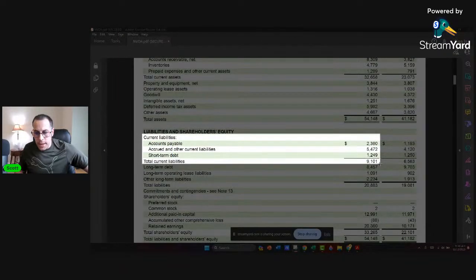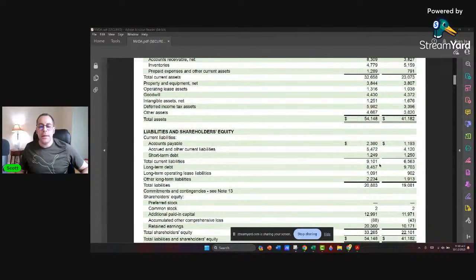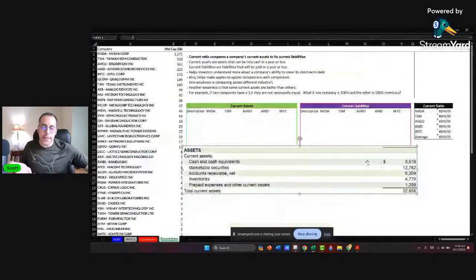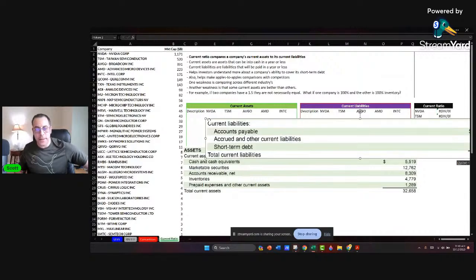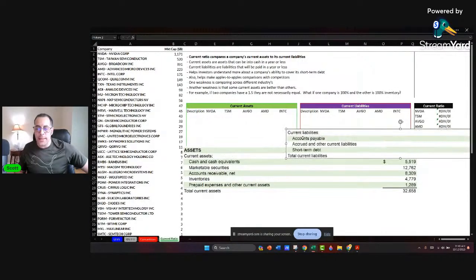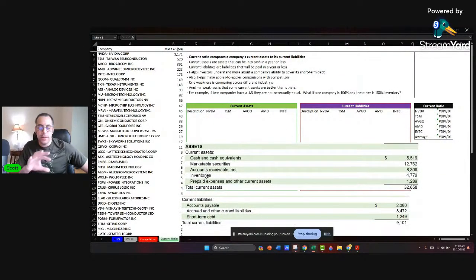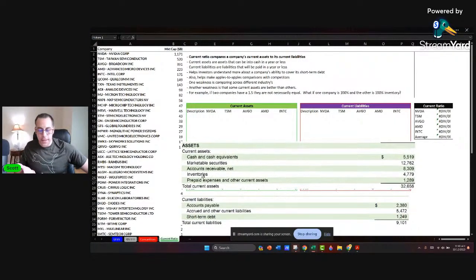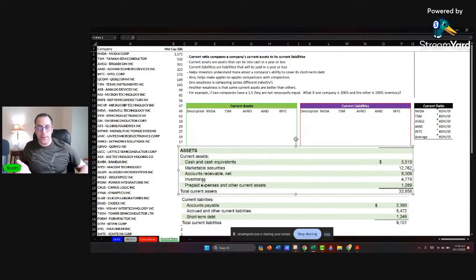They even write it out nicely. Not every company makes things so user-friendly. Current assets, current liabilities are pretty easy to find, but some things aren't that easy to find, and some things, the naming convention changes. And especially if you're new to reading financials, it could get confusing.